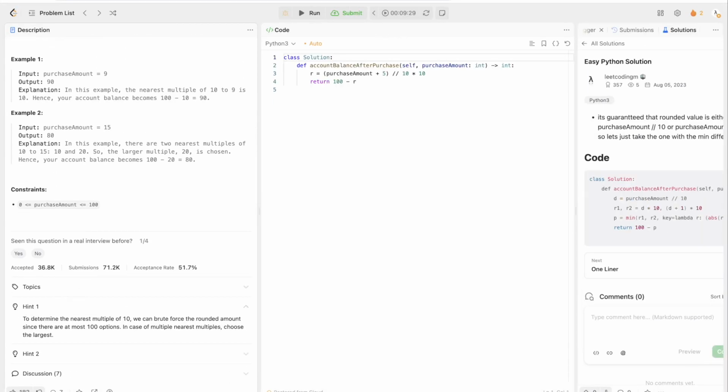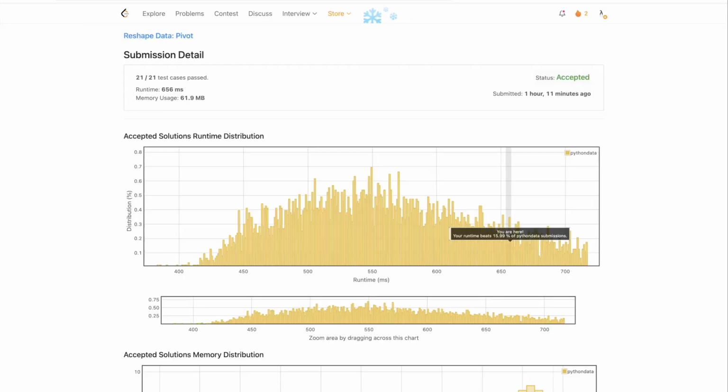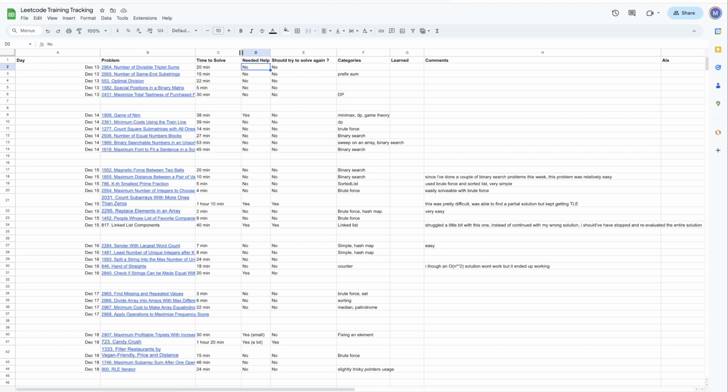If I do need to look at the hints, then I record that I needed help. And if I needed a good amount of help, maybe I needed to look up all the hints on the problem, and I just didn't feel confident that I was able to solve it independently, then I would mark it as I need to solve it again.